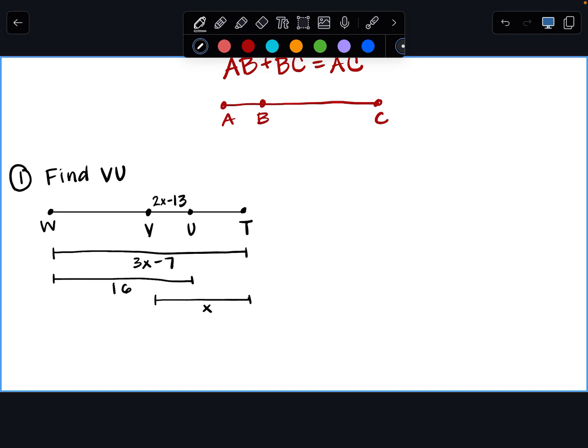So we are going to have to solve for x and then plug x back into 2x minus 13 to find the length of VU.